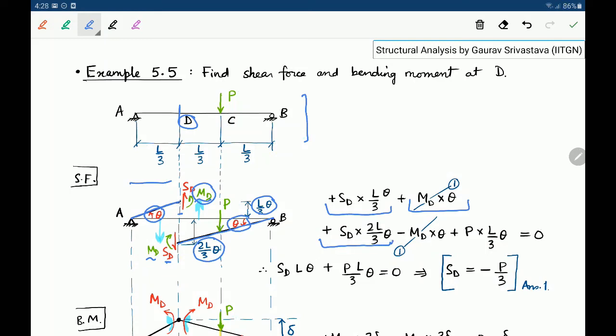So this is from the right hand side, and then we have minus MD times theta, because here for the right span MD is acting clockwise and the virtual displacement is counterclockwise, and then there is work done by the force, which is P times L by 3 times theta. Right, and solving all of this we get the shear force at point D, which is minus P by 3.